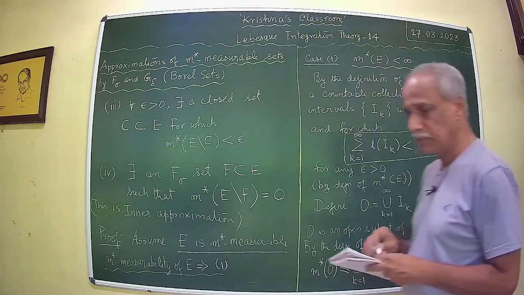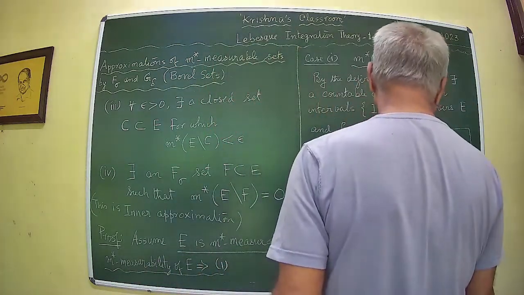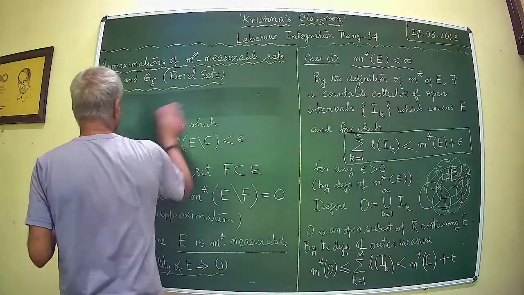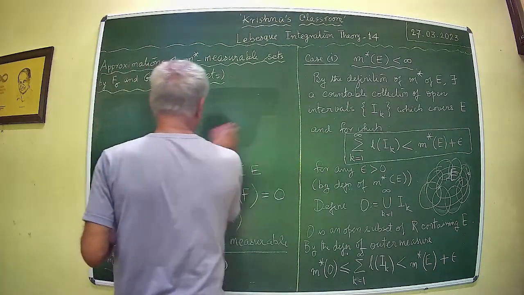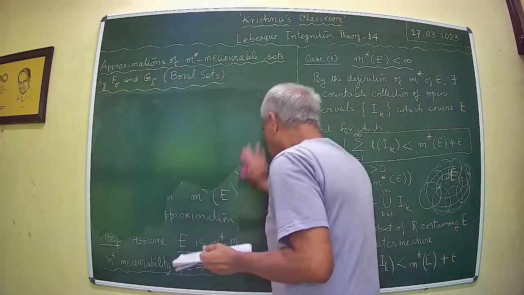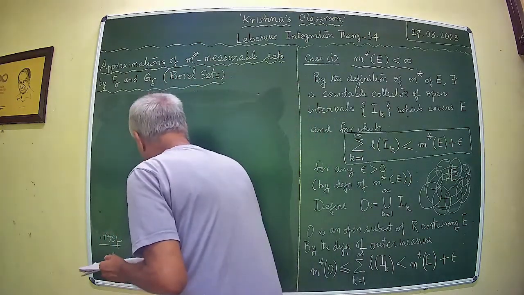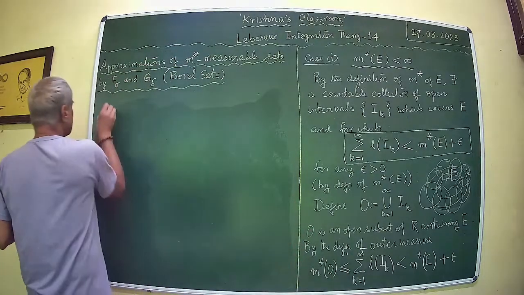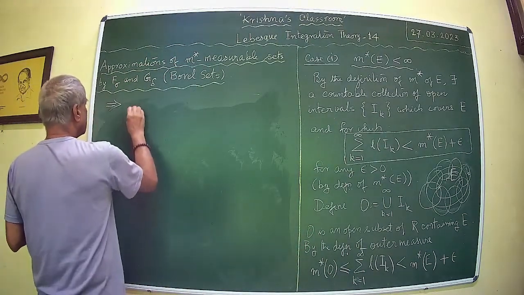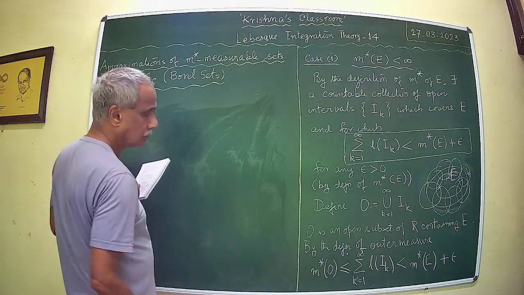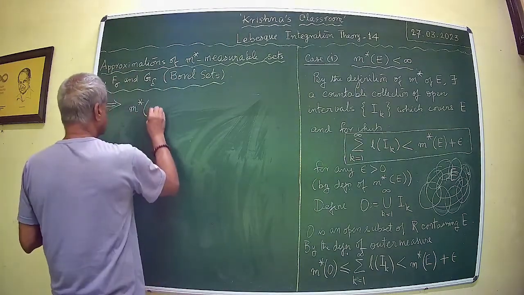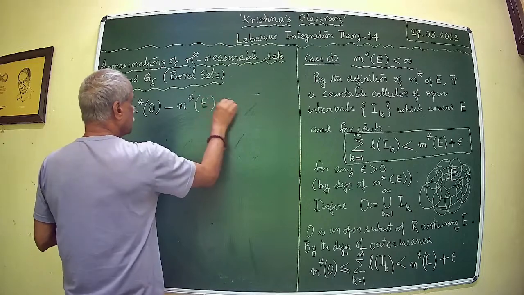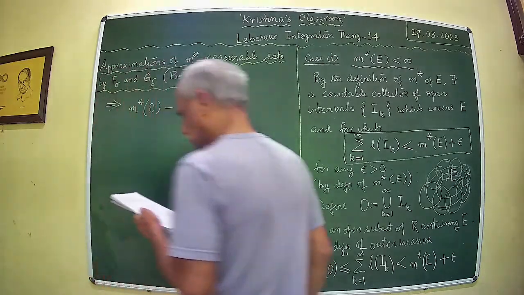So what does it imply? It implies that M star of O minus M star of E is less than epsilon.